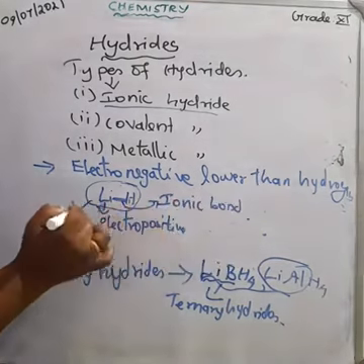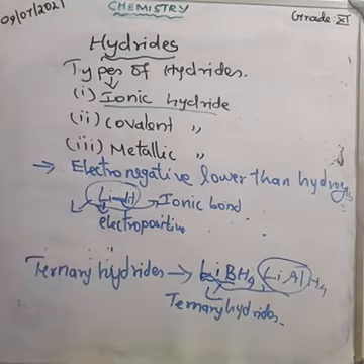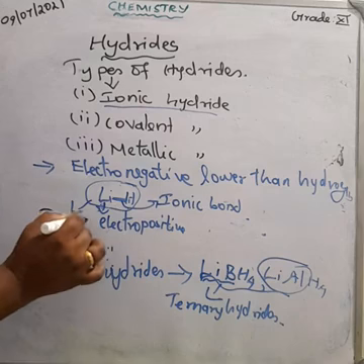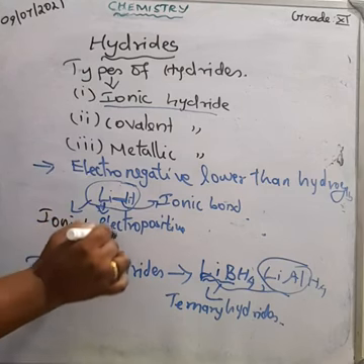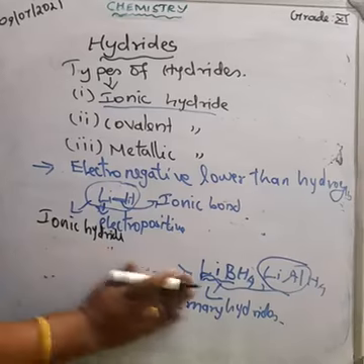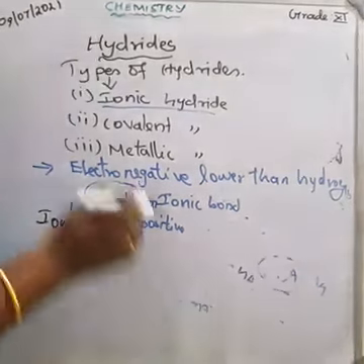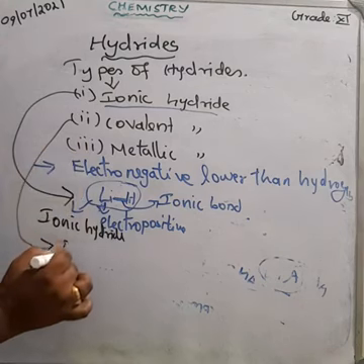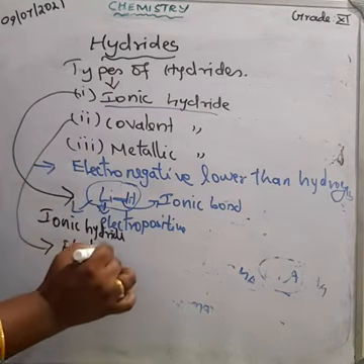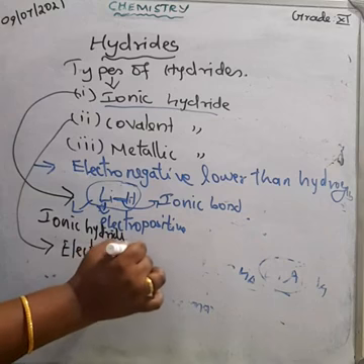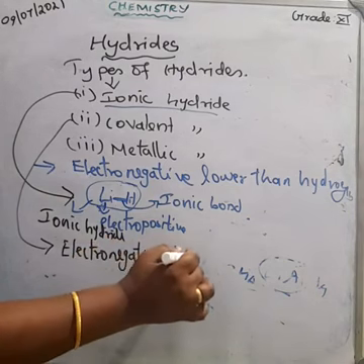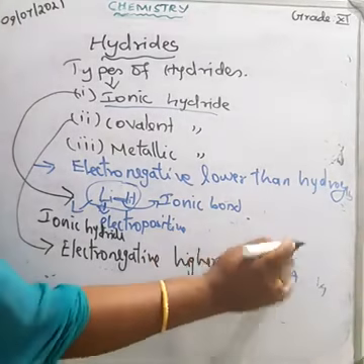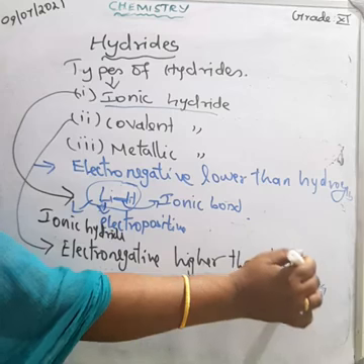Understand? And covalent hydride means the compounds of hydrogen with elements having higher electronegativity than hydrogen. They form covalent hydrides, for example ammonia, NH3, which is a non-metal hydride.